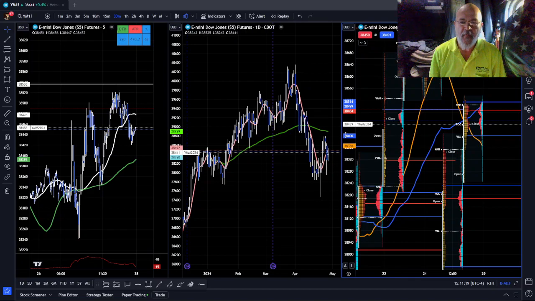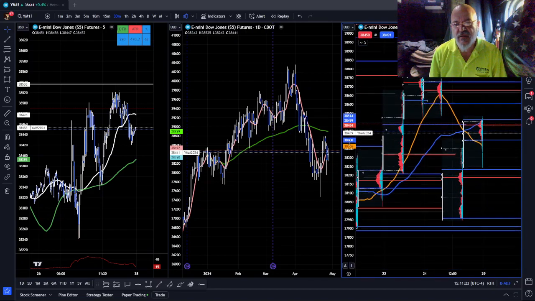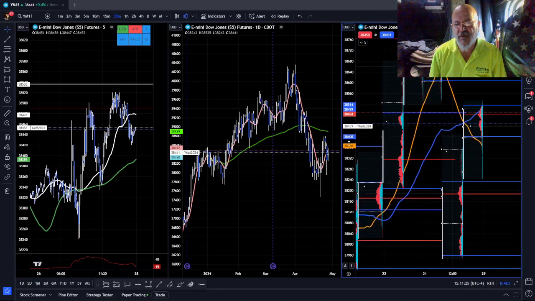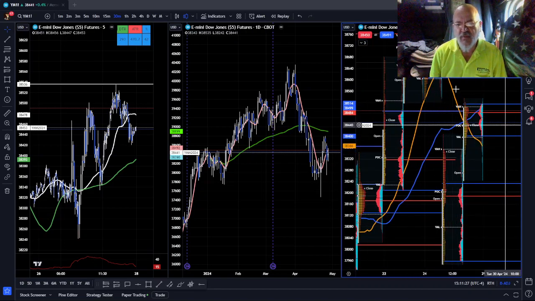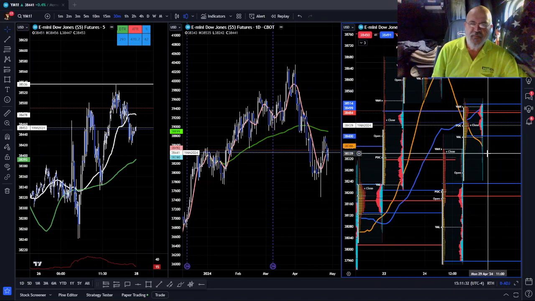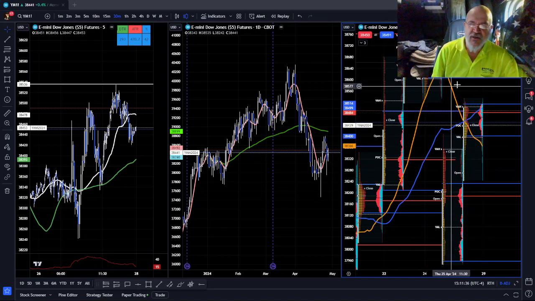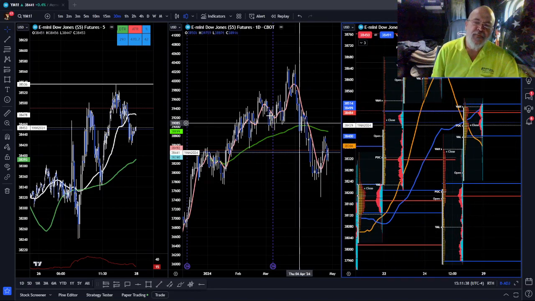I saw a video with him in it this weekend, so I'm just going to throw these up on this chart over here, just to watch and see if I can catch what he explains about how to use these two indicators.